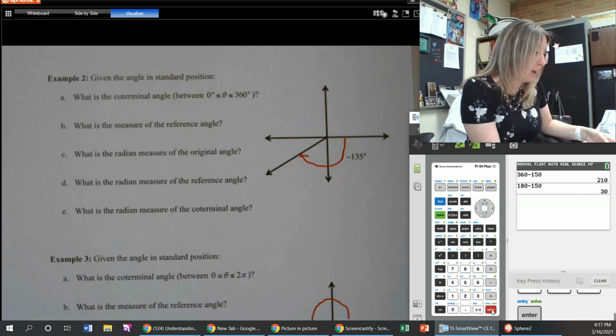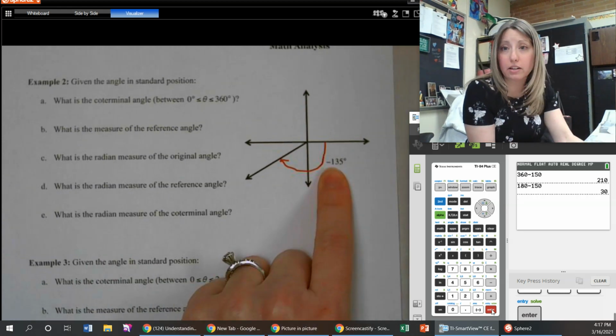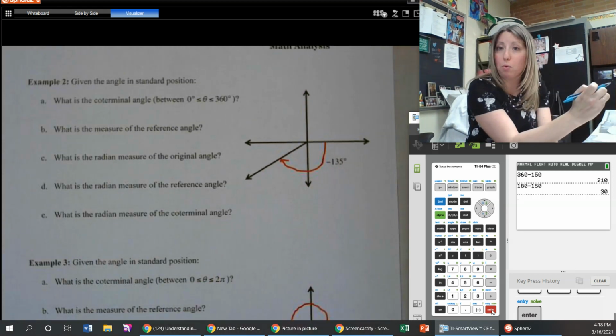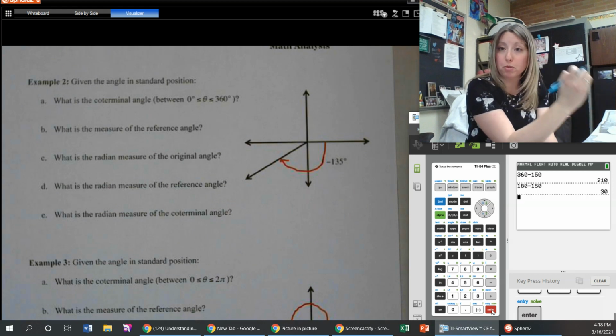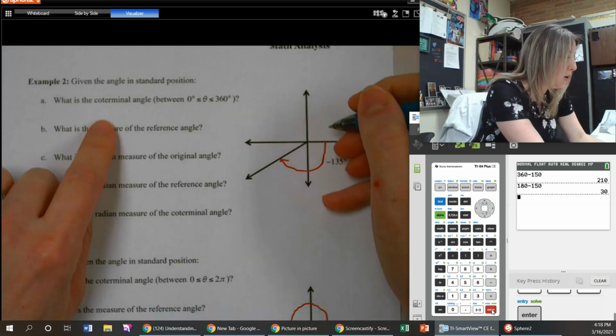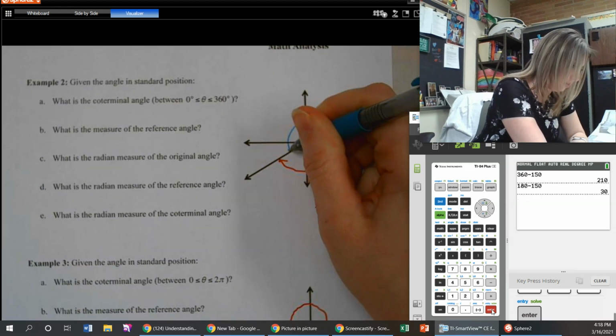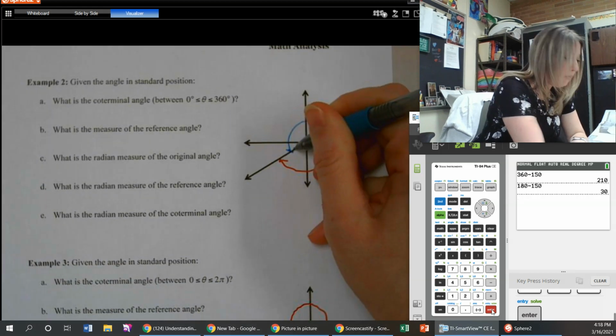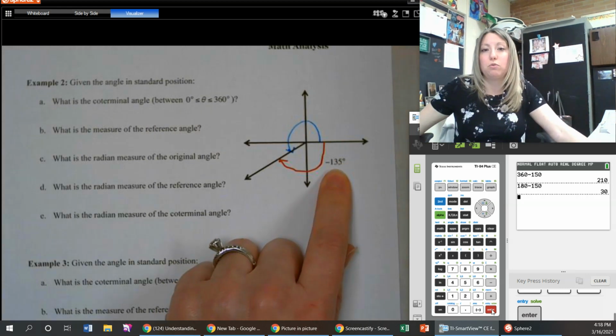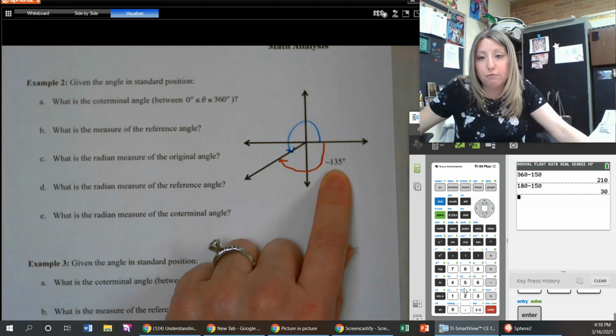This time, this angle starts negative because we're going clockwise from the terminal side. If I want to know its coterminal angle, this is when I go counterclockwise. I take the absolute value of this and subtract it from 360. So 360 minus 135.